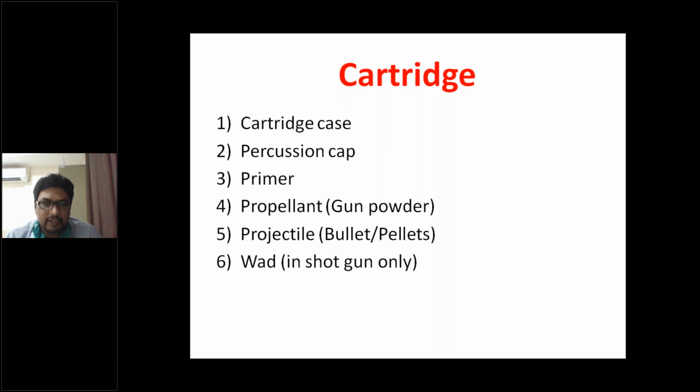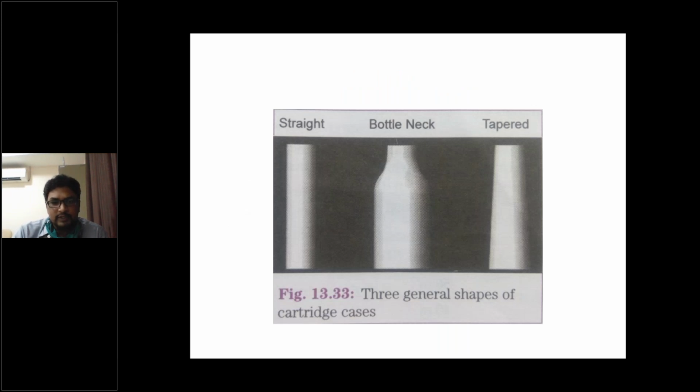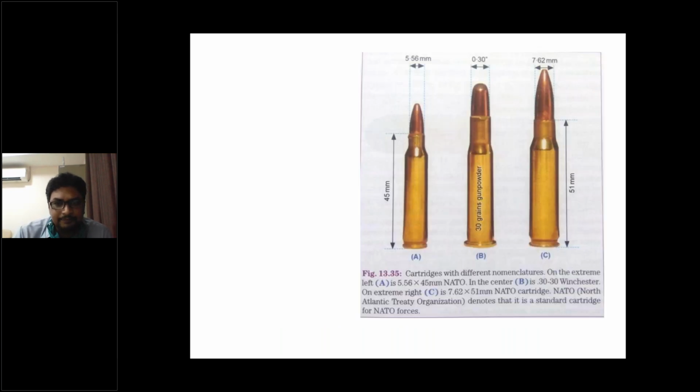It is not present in rifled firearms. These are the cartridge shapes: a straight one, a bottleneck cartridge, and a tapered cartridge. Just to know the names and shapes: straight, bottleneck, and tapered.